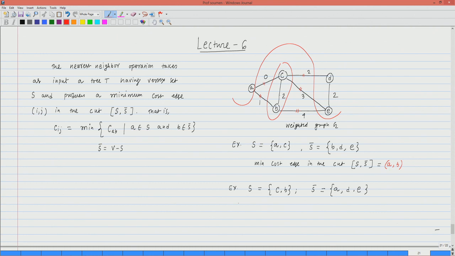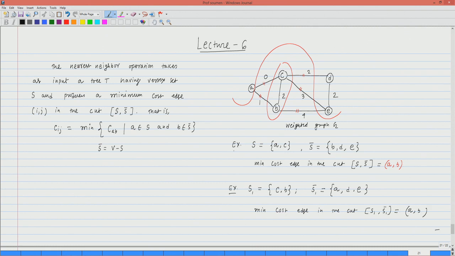So, here the minimum cost edge in the cut, let me call it S1 complement, is now AB basically. So, this is again AB. Okay.